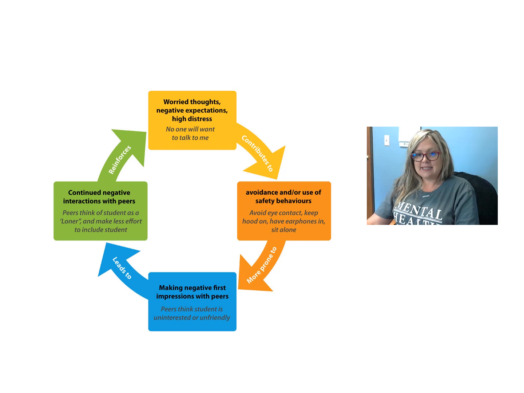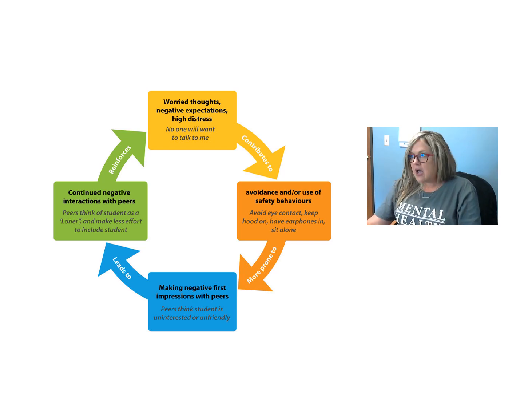So when we look at this little illustration here, this cycle, a person will have worried thoughts. They might have negative expectations and high distress and have thoughts like no one will want to talk to me. That will contribute to people avoiding or using more safety type behaviors.